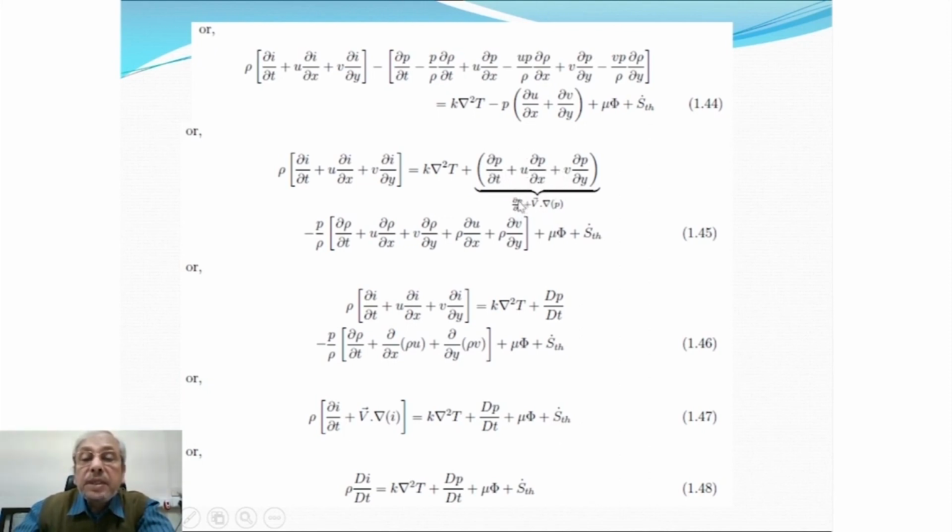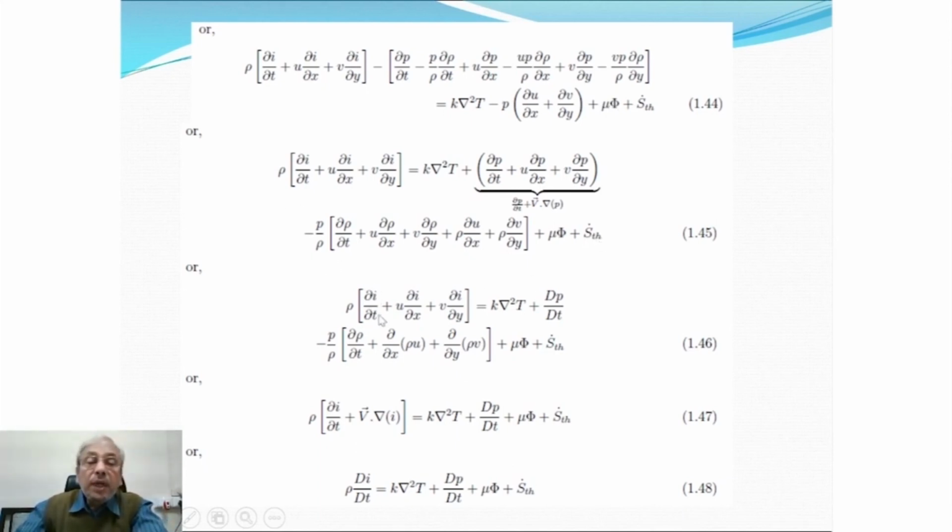We can write them as del P del T plus V dot grad operated over P. So this term is taken care of, and then the remaining terms are rearranged in this way. Then mu into phi plus thermal energy generation.